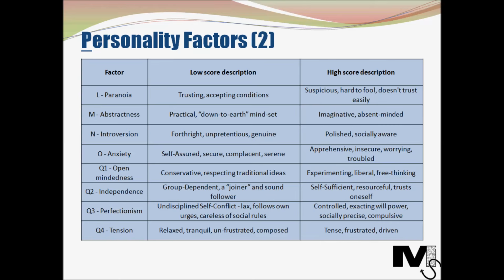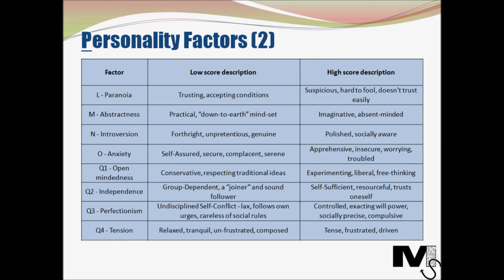Factor Q2 is independence. A low score description can mean being group dependent, or basically less independent, being a joiner, and also being a good follower. And a high score description essentially means self-sufficiency, resourcefulness, and a person trusting his or her own self. Q3 is perfectionism, so a low score description is undisciplined self-conflict, follows urges, and is careless of social rules.